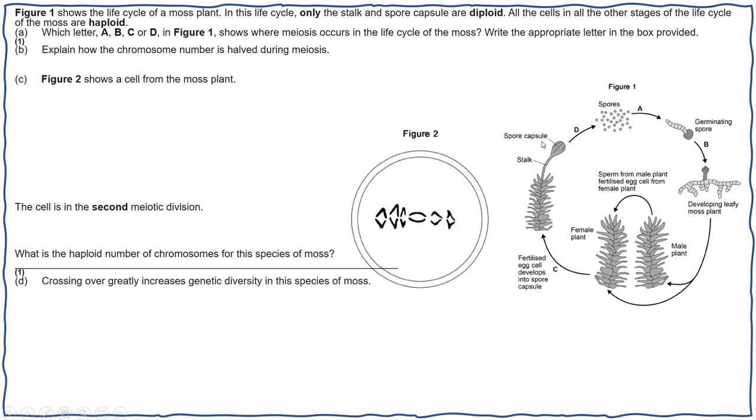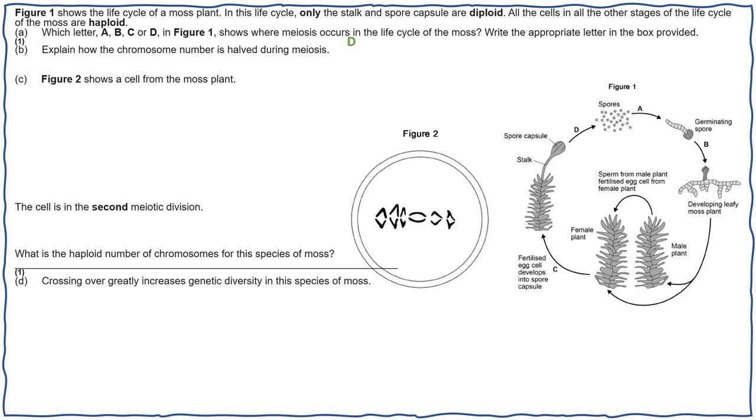So this one is the only one that is 2N, this bit here. So where it goes from 2N to N, because the stalk and the spore capsule is 2N and everything else is haploid, is the place where meiosis occurs. So it must be D, because it's going from a diploid here to haploid here.